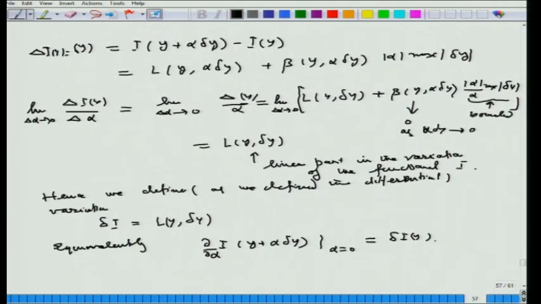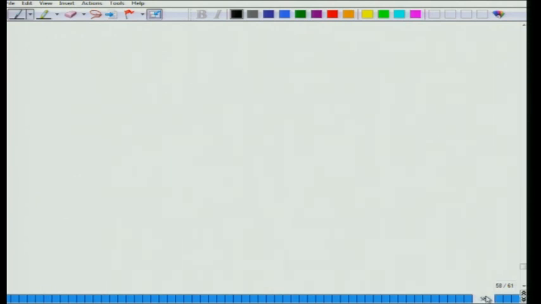Now, let us consider the case of the simple functional which we considered first, I of y, which is equal to the integral from x 1 to x 2 of f of x, y of x, y prime of x dx.